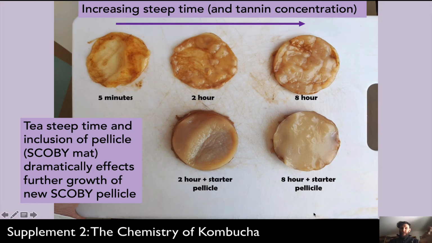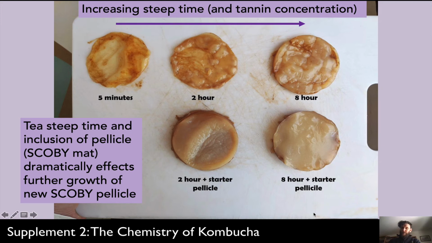This person made some tea and let it steep for 5 minutes, let it steep for 2 hours, and then let it steep for 8 hours. And then in each of these cultures, everything else was the same: the same amount of sugar, the same amount of SCOBY was added. But the longer the tea steeps, the more tannins get released by the tea.